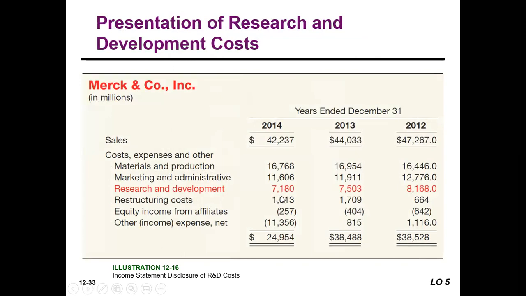If we were to take $7,180 divided by 42,237, that would tell us that research and development costs are about 17% of our sales. So of every $1 of revenue, 17 cents goes to research and development. So that's a pretty significant portion, right?